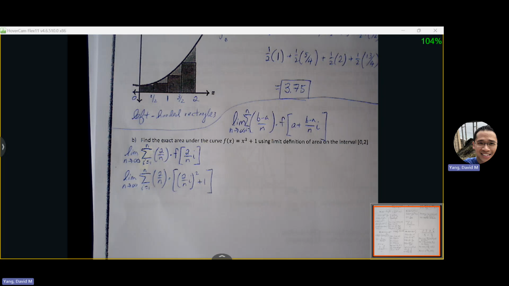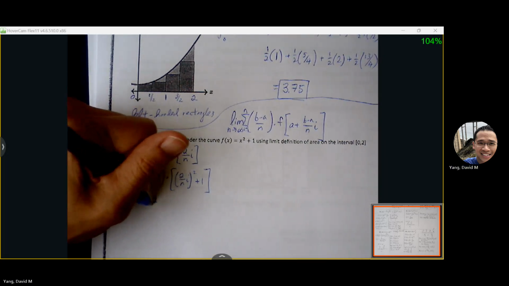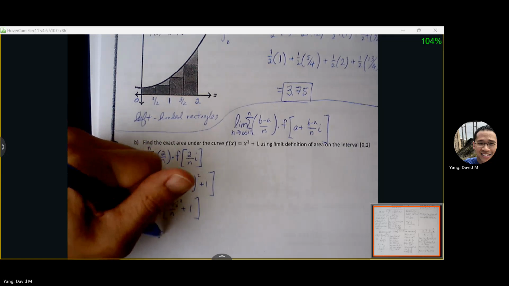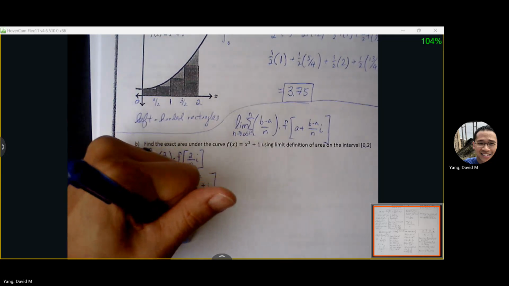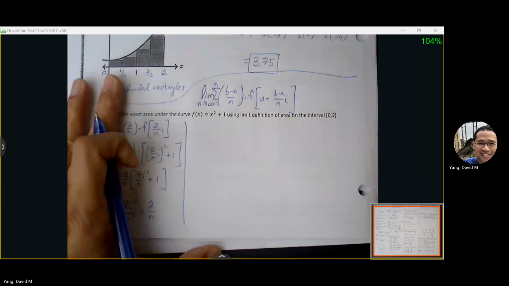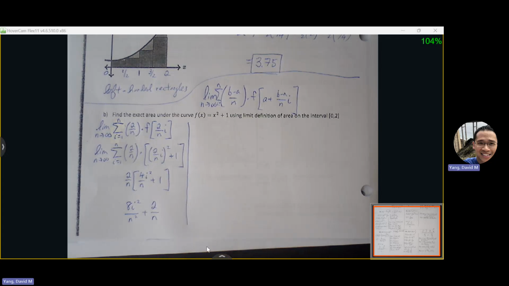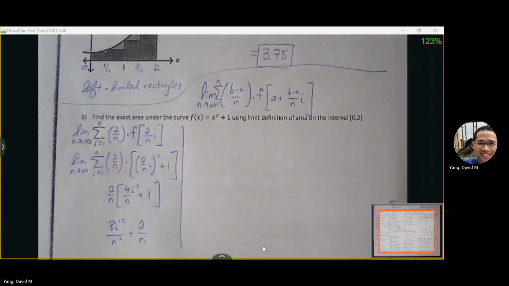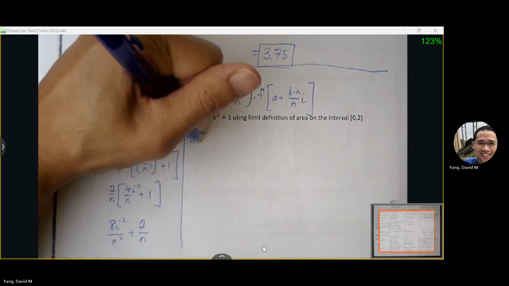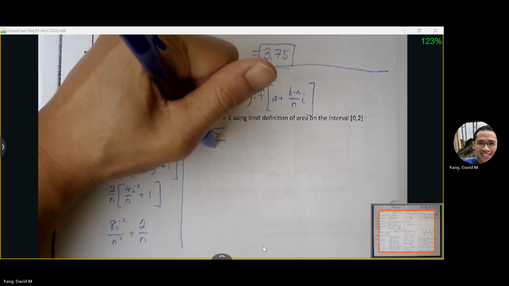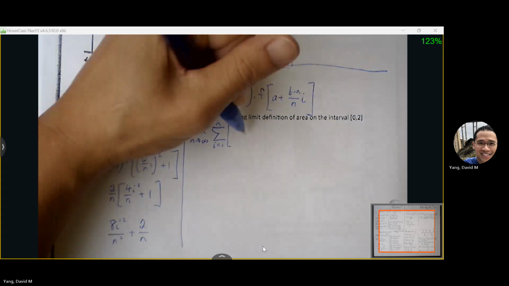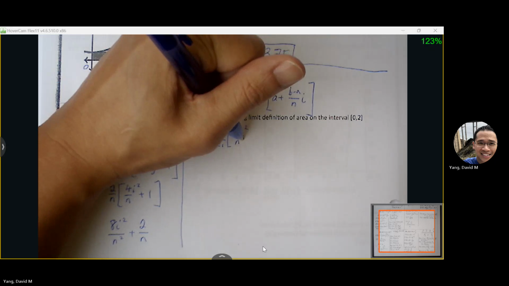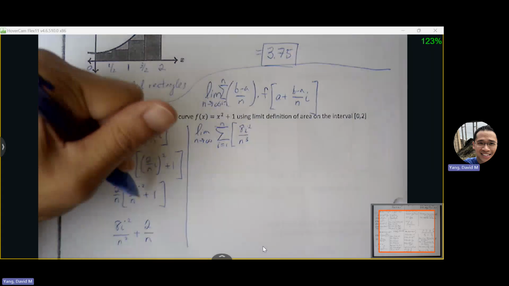Okay, so beginning my cleanup process here. Let's continue to zoom in here. Oh, sorry, my bad.